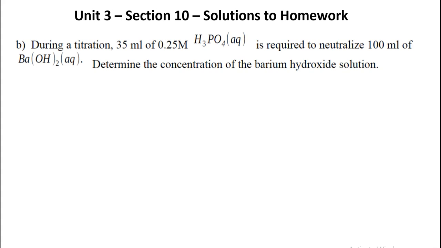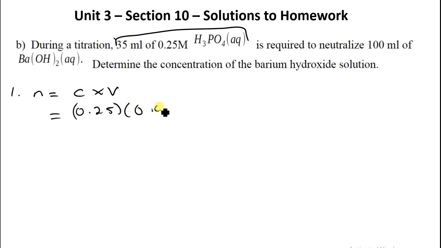Now it's titration time again. Right here you'll notice we have enough info to find our moles of the acid. So we've got a concentration of 0.25. 35 mL is 0.035 there.